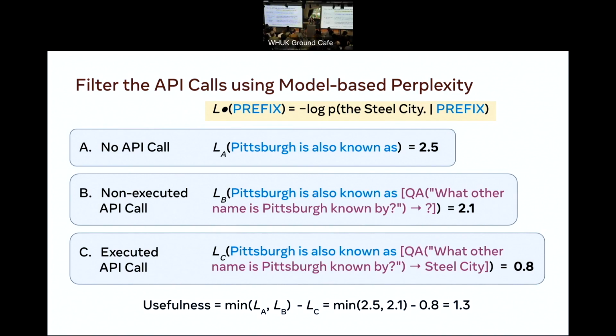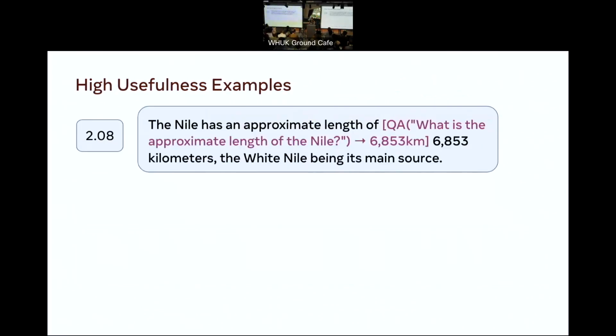This is how we define something as useful, and this is going to define whether or not we keep an API call in our final training set. So in this case, the usefulness is 1.3, which is actually a pretty good score. But to give you a better feel of usefulness and the corresponding examples, let's look at some examples of high usefulness.